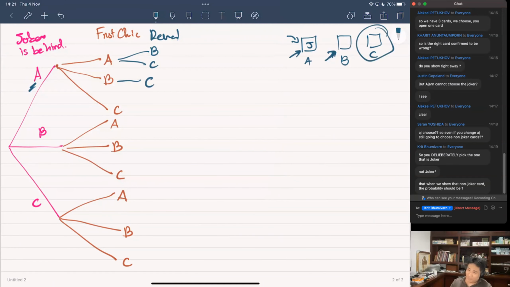I cannot pick the card that you choose. I need to open the one that's not the joker, so I have one choice, and the same thing for C. Okay, so let me finish this.